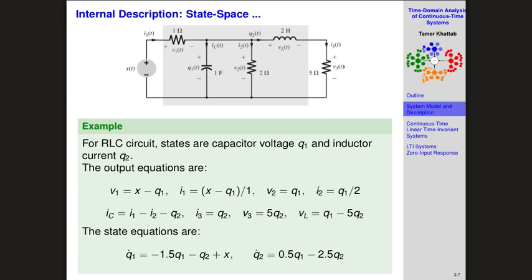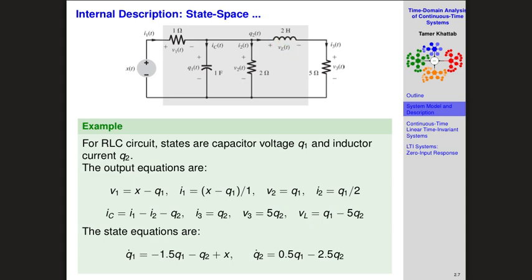I3, the current going into this resistor, is equal to the same current going here, right? So it's Q2, because we agreed that the current going through the inductor is Q2. So basically that's the same current going through the resistor. And then the voltage across the resistor is the resistance times the current, so 5Q2. And finally, the last thing that we need to figure out is the voltage across the inductor.